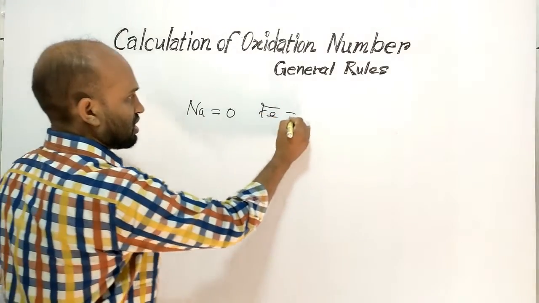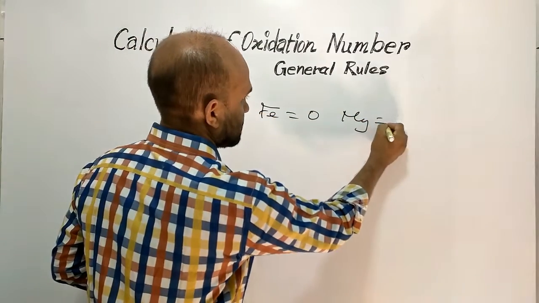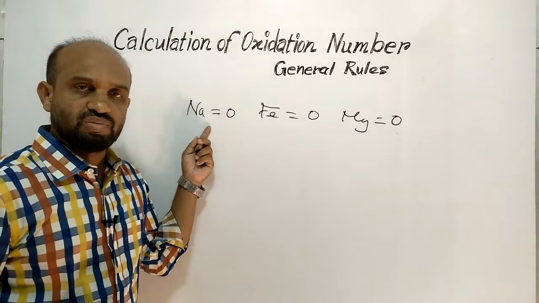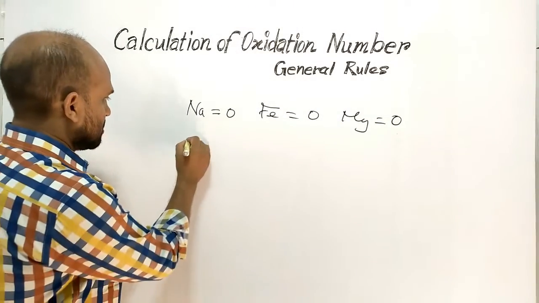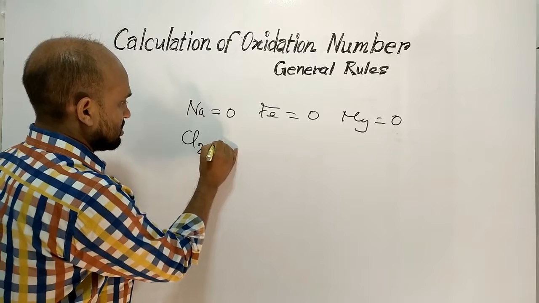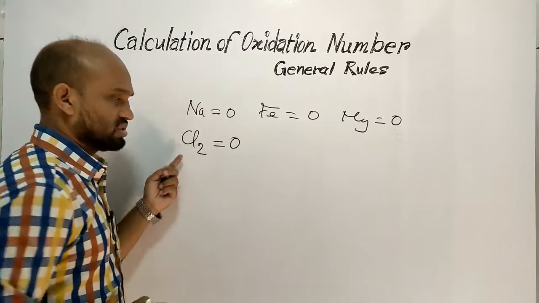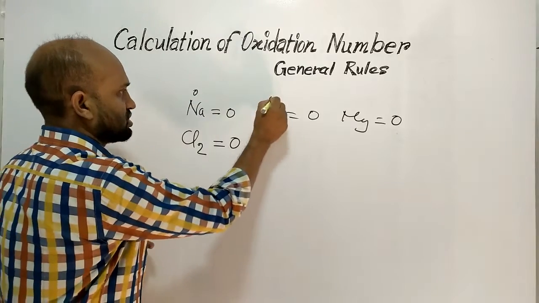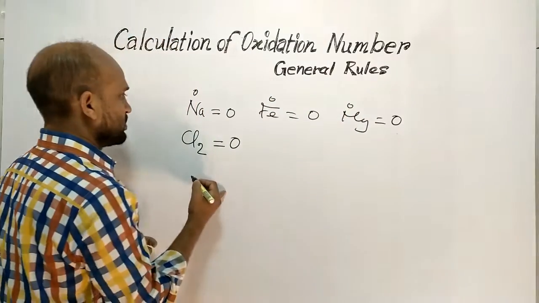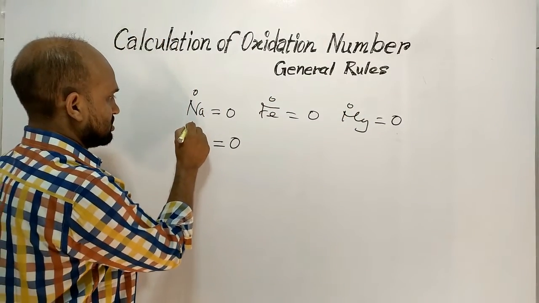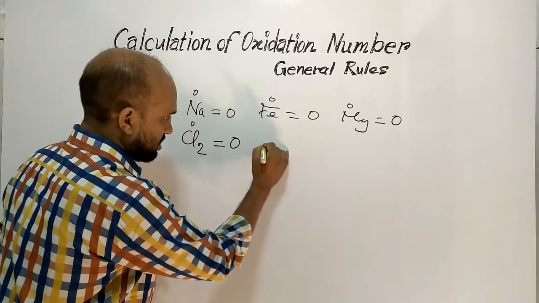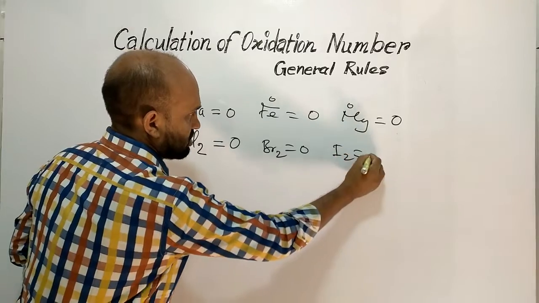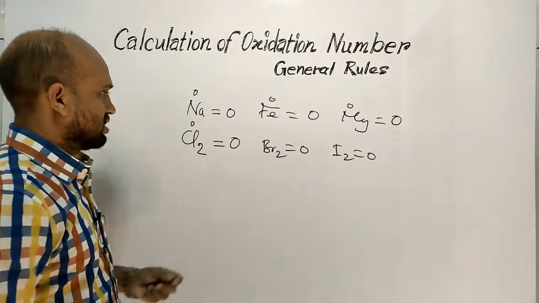Similarly, iron 0, magnesium 0, like this. And some elemental molecules like chlorine, here the oxidation number is 0. This can be written as 0 at the top of the species. Similarly, bromine 0, iodine 0, etc.